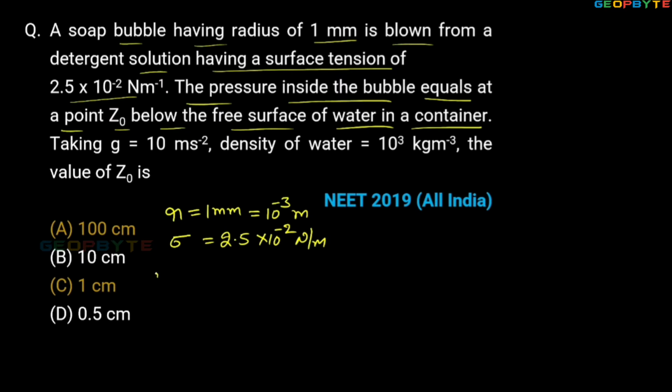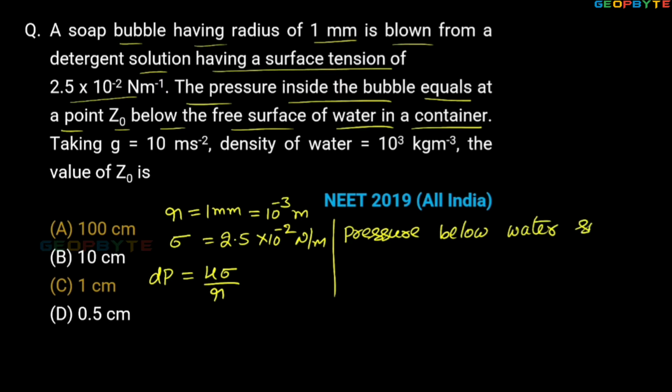You know, the pressure inside the bubble dP equals 4 sigma by R. It is given that it is equal to the pressure below the water surface at a depth of Z naught. Listen carefully, the pressure at a depth of Z naught, let that be dP, equals rho into G into Z naught.